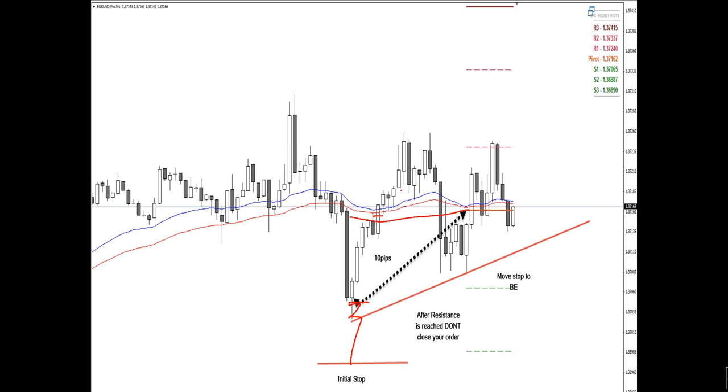And maybe I won't be in a profit. Maybe I will lose that 10 pips. But I have a chance to make more pips from a scalp trade. So the first thing is, after the price has hit hourly pivot resistance, because I go long, I will move my stop to break even. Now, I may be wrong, but at least I won't lose.